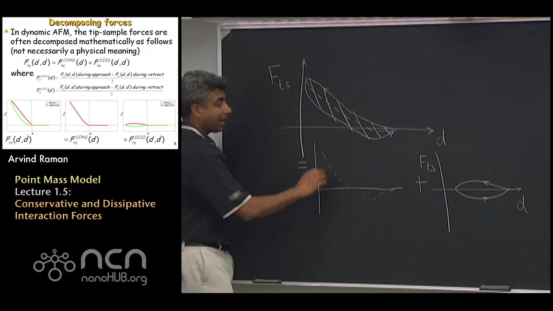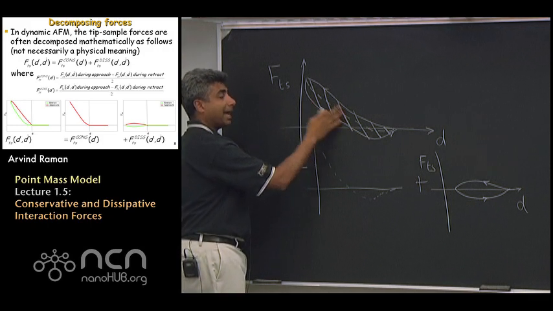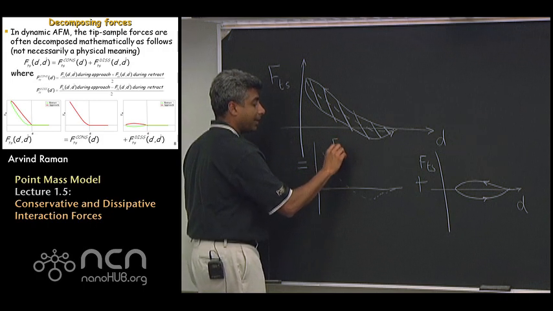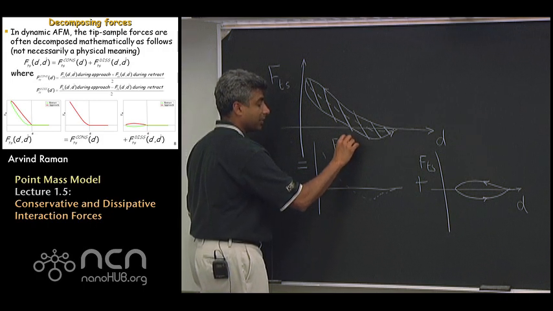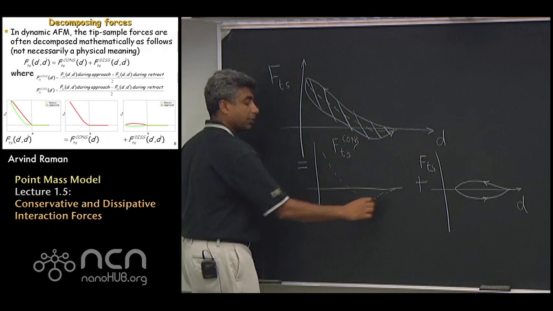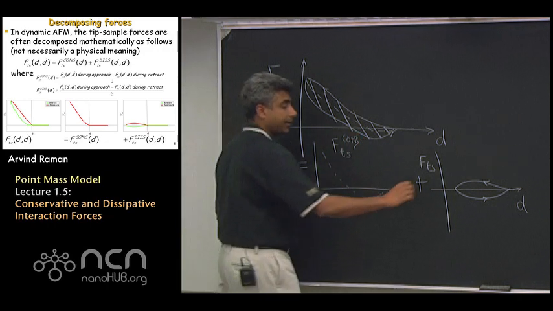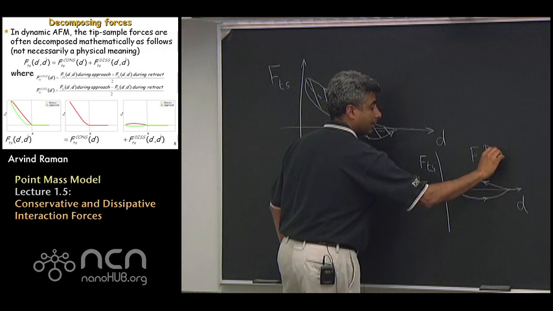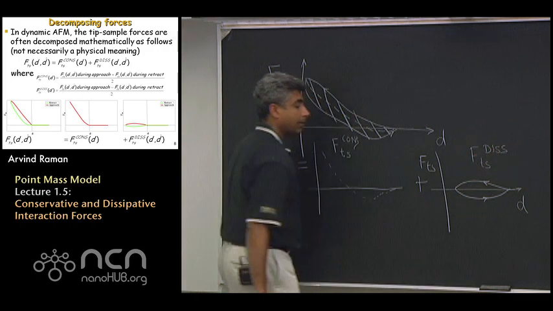So in other words, I have done a decomposition of the actual tip-sample interaction force into a tip-sample interaction force which is conservative, shown by the dotted line here, and another one which is purely dissipative, which is shown here.